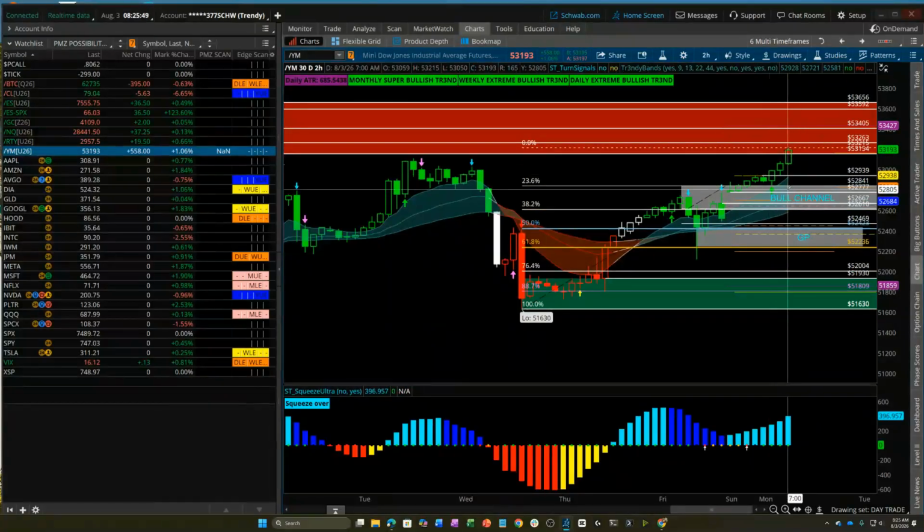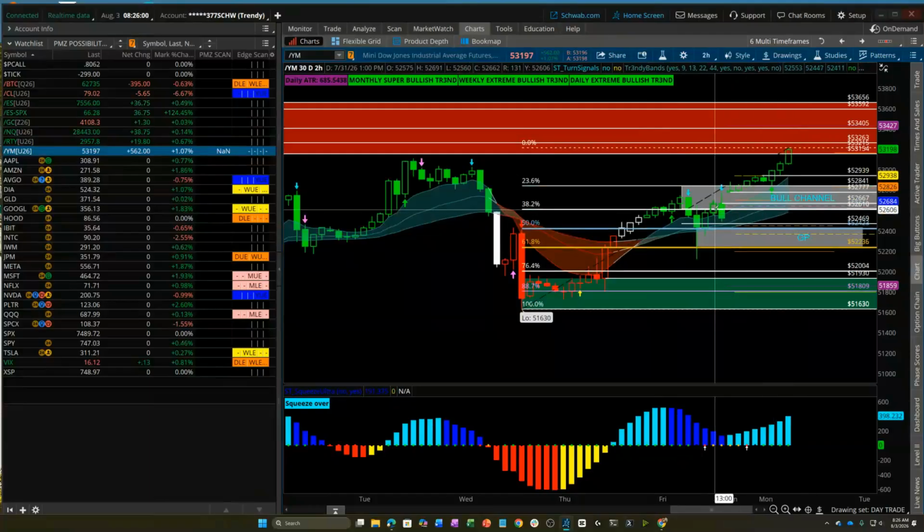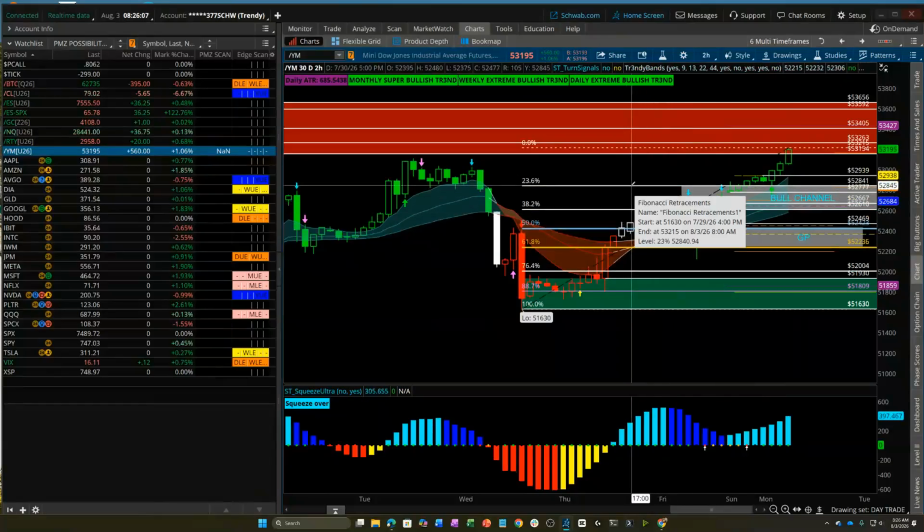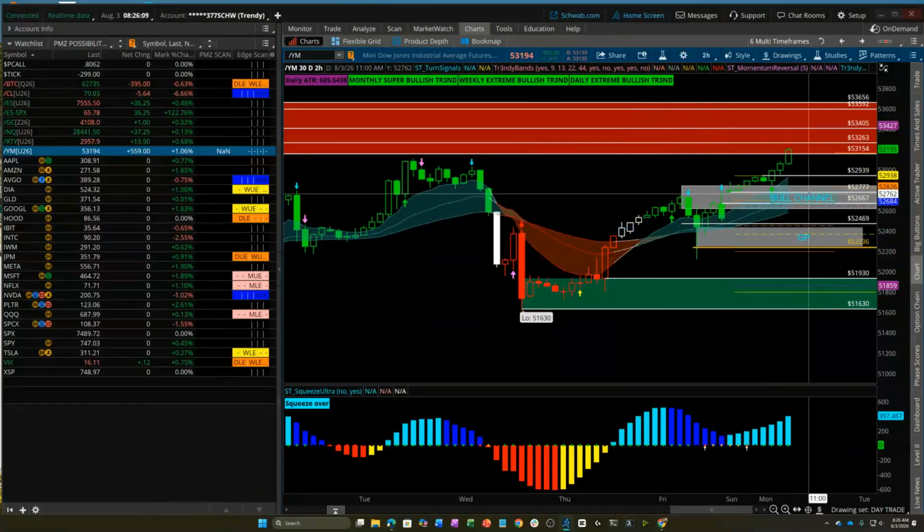And that's why I share the Dow chart, because I do call out the Dow levels in relationship to my SPX day trading, especially given the fact the Dow has been the market leader as of late. All right, so there are my buy zones for the Dow, and price is right at resistance.